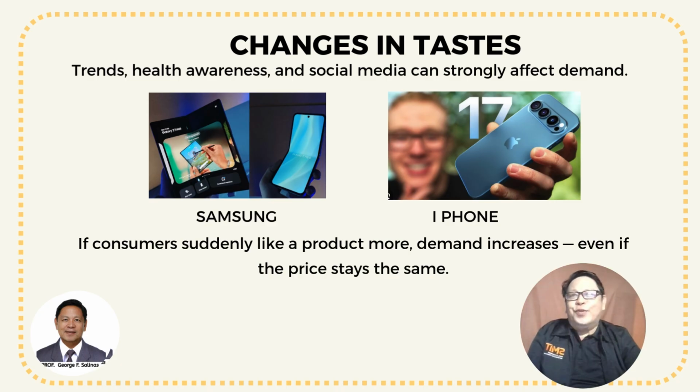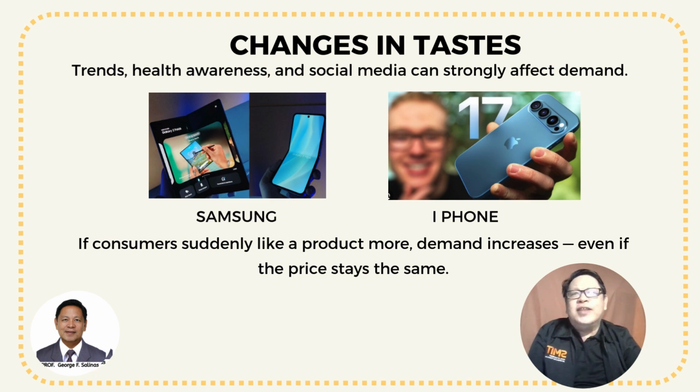Over time, consumers change their buying preference on certain items, especially if an item goes viral in social media. Consumer preferences are one of the key determinants of demand. The factors mentioned, like trends, health awareness, and social media influence, are powerful non-price determinants that can cause a shift in the demand curve.